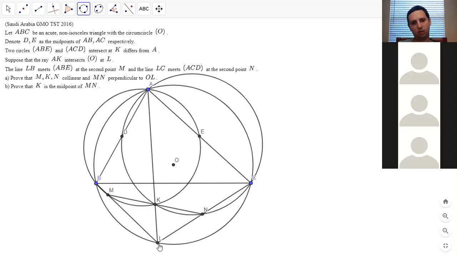Like we have LMN and LCD are similar, and LO is the line connecting point L and the circumcircle of LBC. So it must be orthogonal with the altitude drawn from L to BC. So LO must be orthogonal with the altitude from L to BC because that's just the property of orthogonal lines.